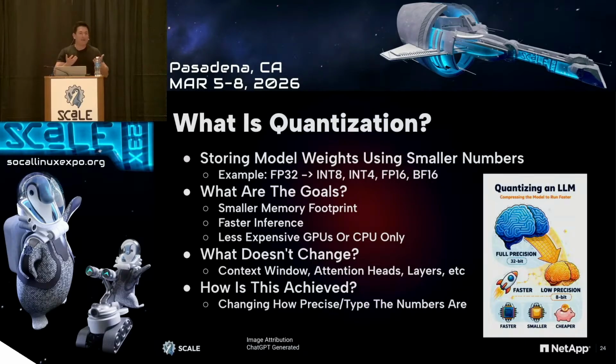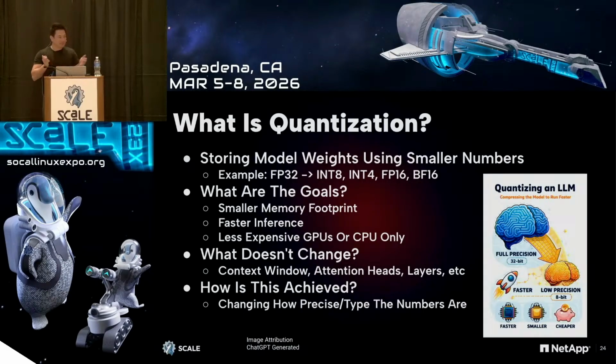So why do you do this? A smaller memory footprint. Instead of using 4 bytes for FP32, if I'm using int 8, I'm using a fourth of the number of bytes. Just thinking about the math on that, you're using a quarter of the memory you were using before, and you're effectively making the math much easier.